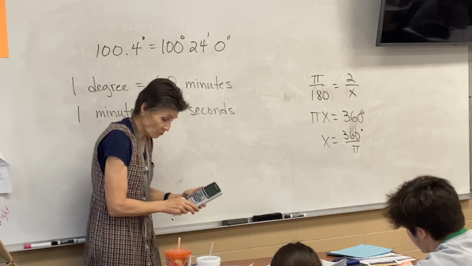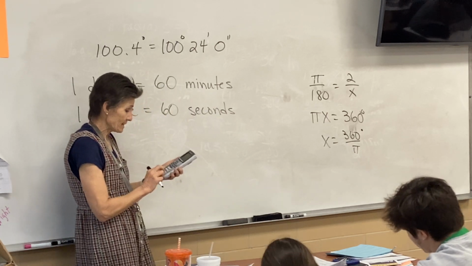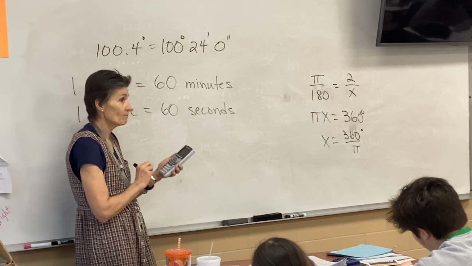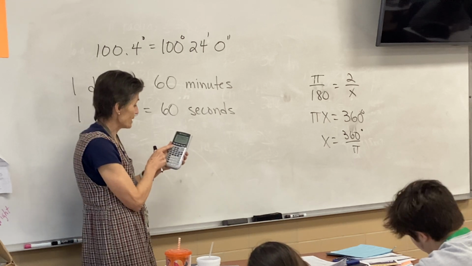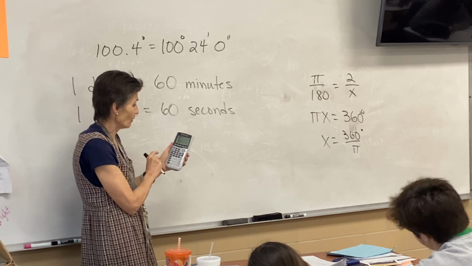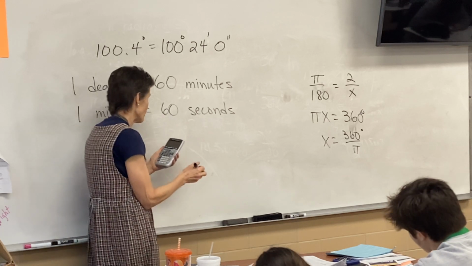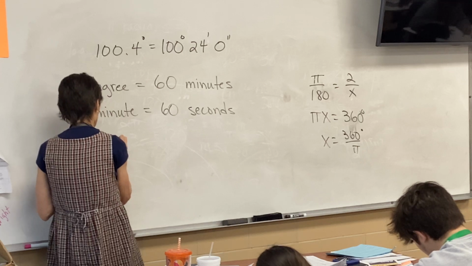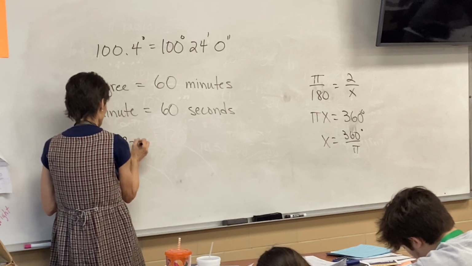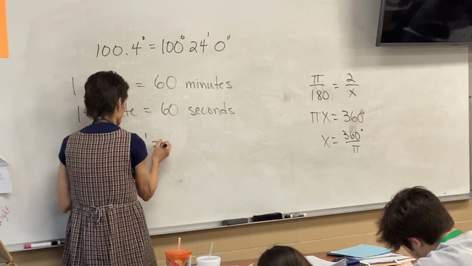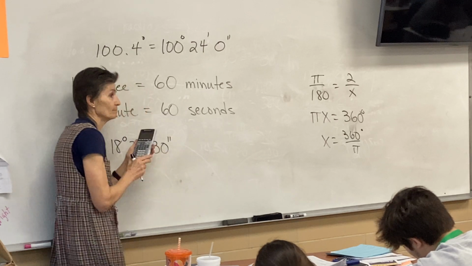Okay, so let's try the next one. 18.375, and then second angle DMS. What did you get for that one? 18 degrees, 22 minutes, and 30 seconds.